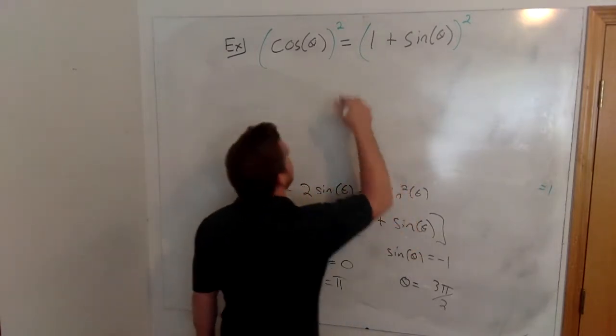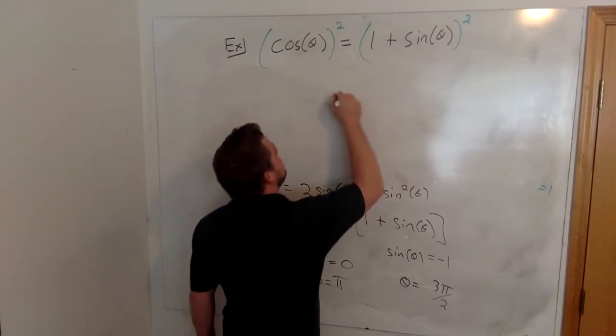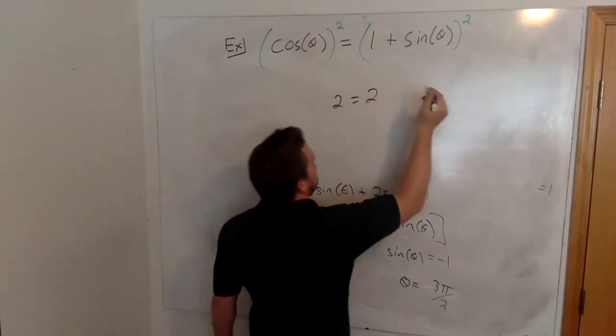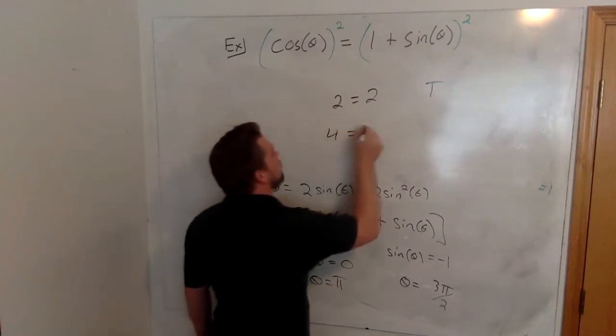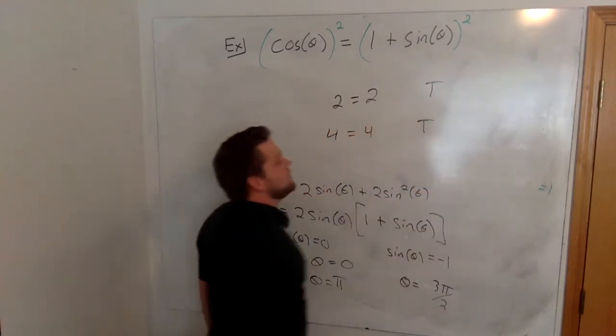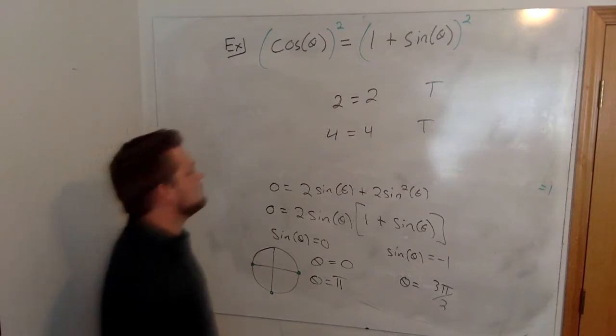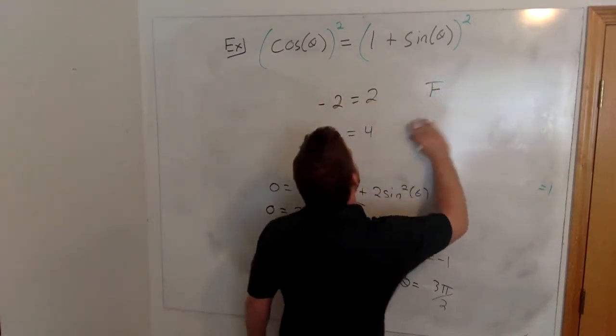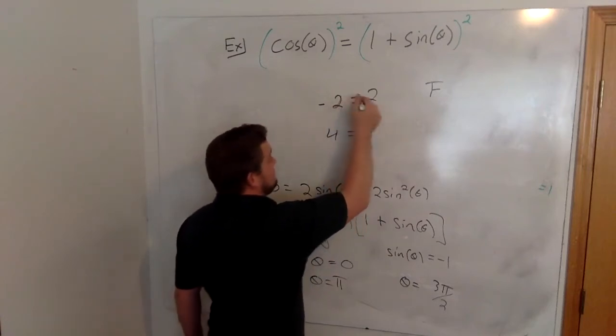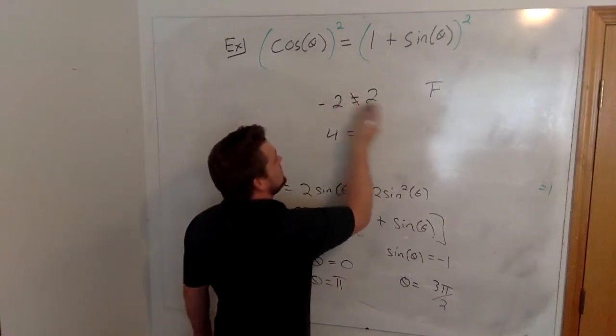So most certainly it's true that if, let's say, 2 is equal to 2, this is a true statement. If we square both sides, we'll get 4 equals 4, which is also a true statement, so no problem here. But if we start with a false statement, let's say that -2, I hope you believe that -2 is not equal to 2.